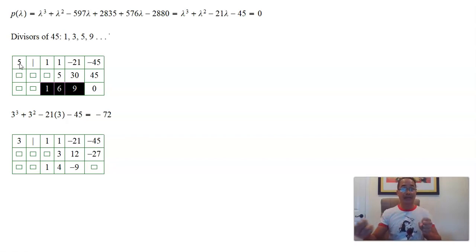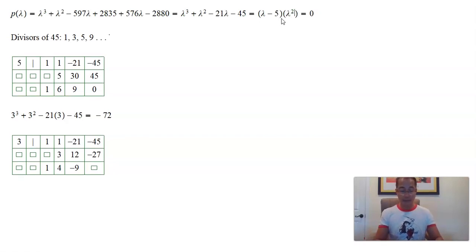The factor is lambda minus 5. So let's write that up here. We want it factored. So one factor according to the chart is lambda minus 5, and the other factor is lambda squared plus 6 lambda plus 9.